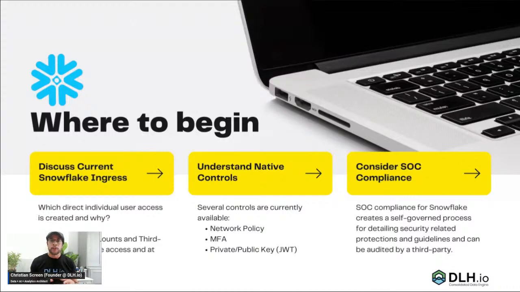And so it's kind of like you become your own kind of warden for how data and information is input and accessed inside of your Snowflake accounts. And then this document can then be audited by a third party, like a third party accounting firm or third party consulting firm, so that you yourself are not your own governing agency, but you do act as that kind of warden who sets the policies for how things are going to work inside of the account.